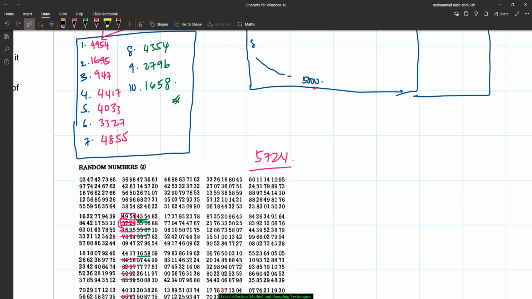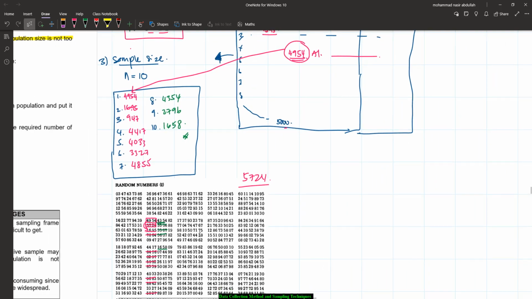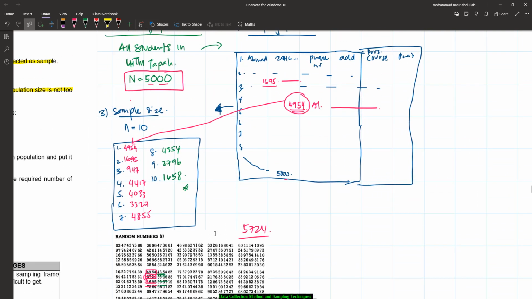Right. What happens if a number appears two times? That means 4417 also appears up here, 4417. So we can skip. We cannot select the same number twice, right? Because it can only go in once. Right, that's all. So this is the process of selecting simple random sampling.